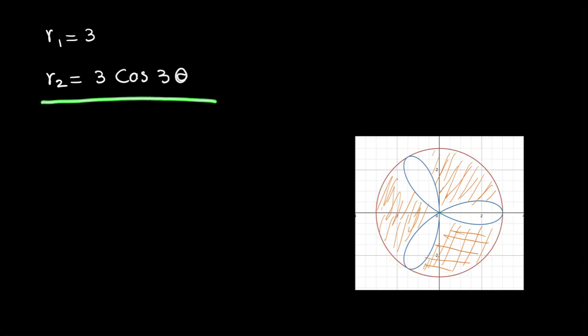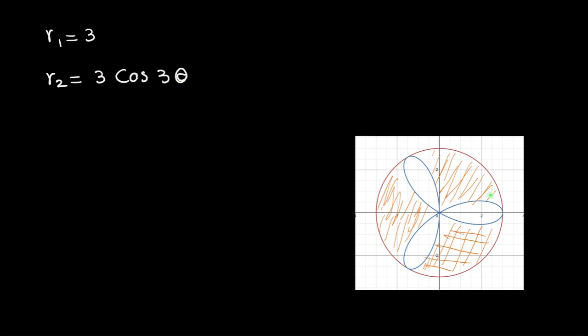Because we have cosine of 3 theta, we have a rose with 3 petals, because the coefficient of theta is odd, so we have 3 petals. And we're looking for the area inside the circle, outside the rose.